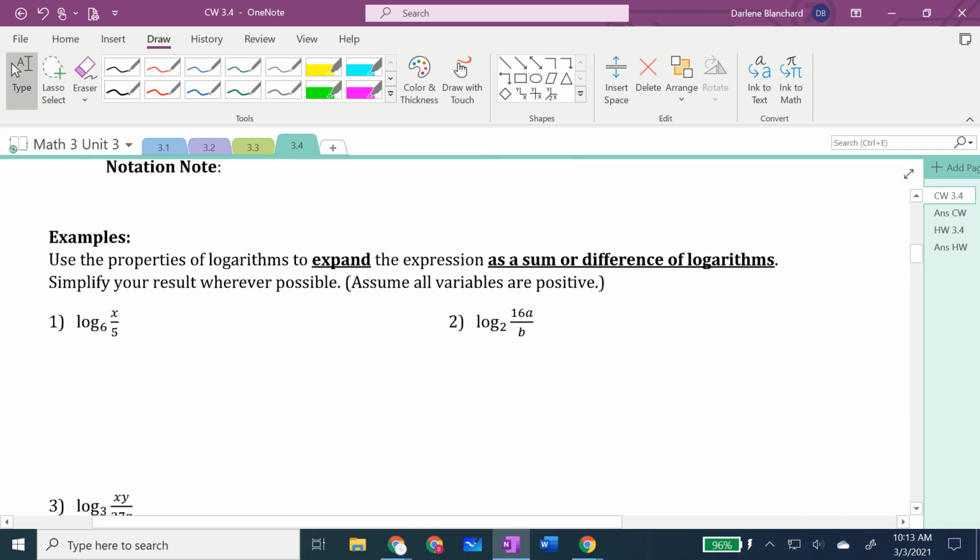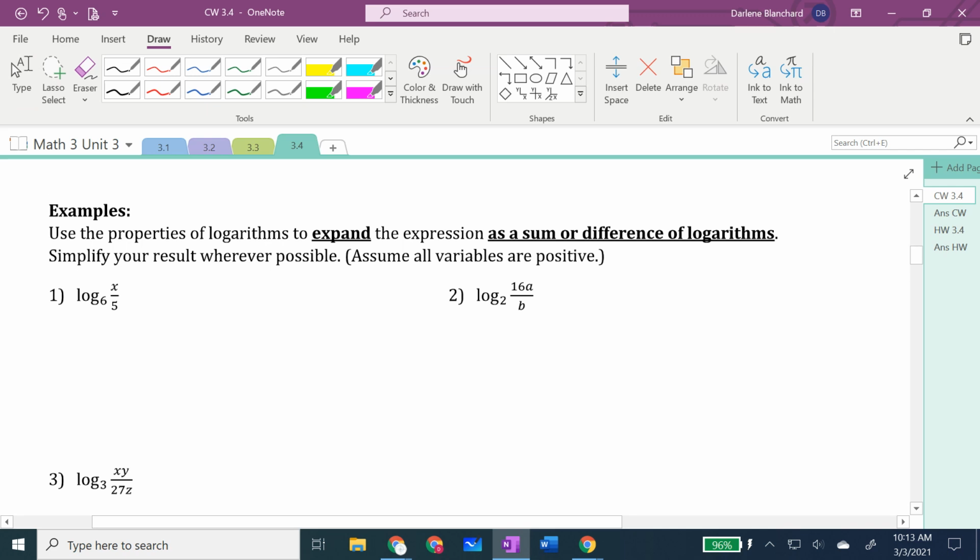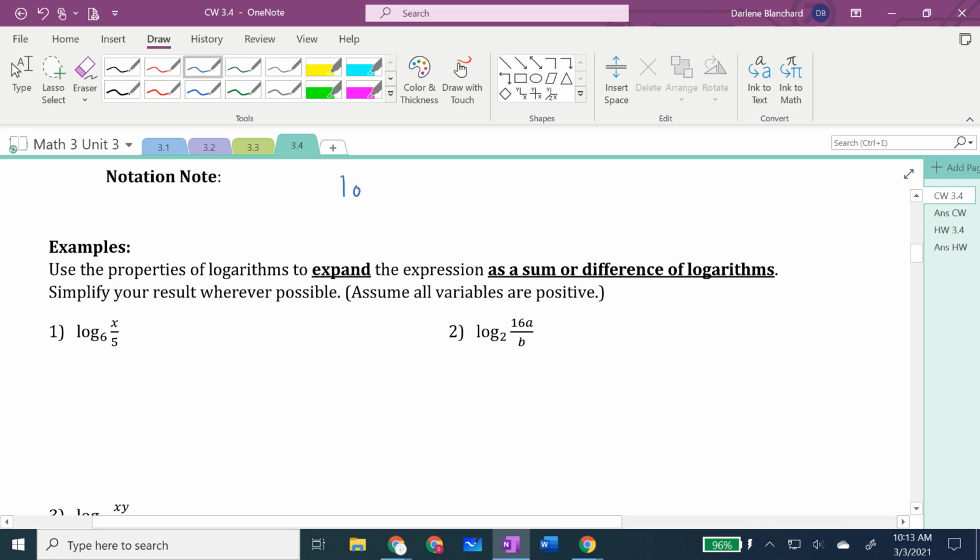Now, we are ready to do examples similar to yesterday, but now we have two logarithm rules. Like yesterday, we're going to expand and we're going to condense. Realize that when we are expanding, there are two log rules we are now using. Yesterday's log rule was: if you are adding with the same base, that's multiplication inside.